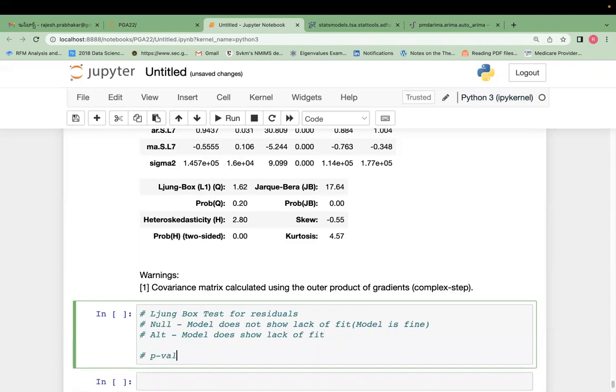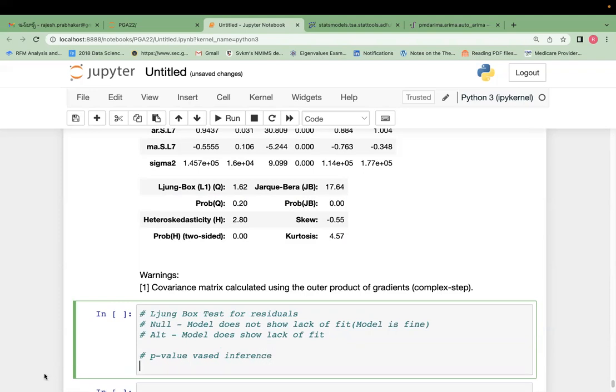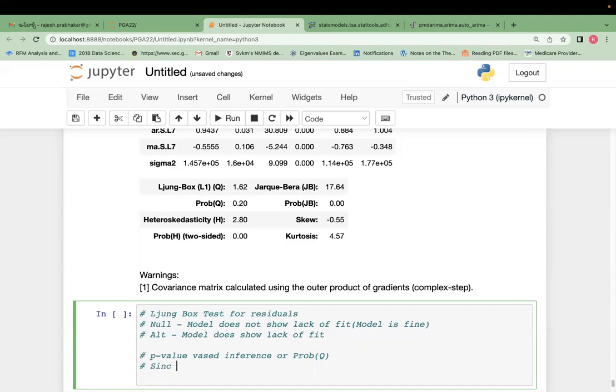So the interpretation is p-value based inference, or what we call in this case the probability of Q. Since the probability of Q is greater than 0.05, we fail to reject the null.